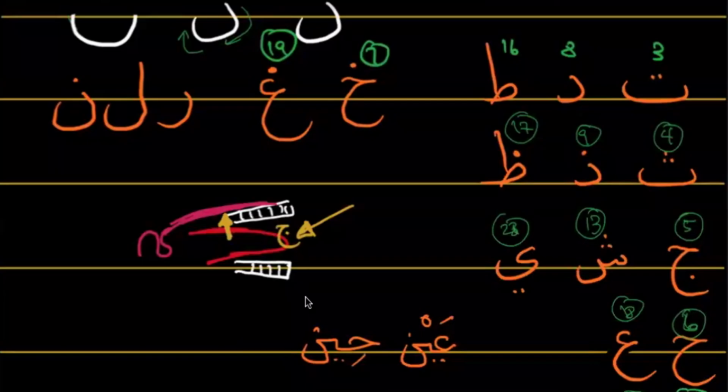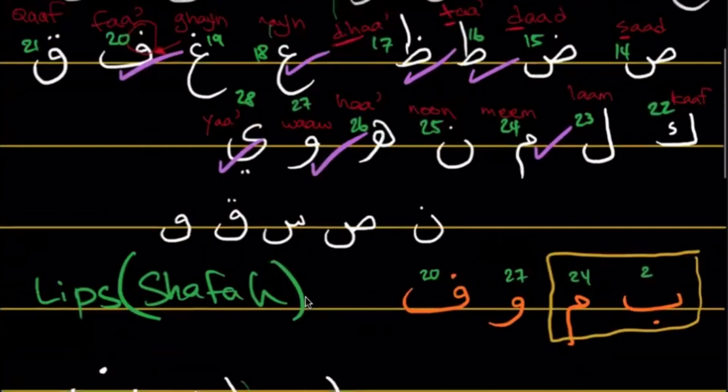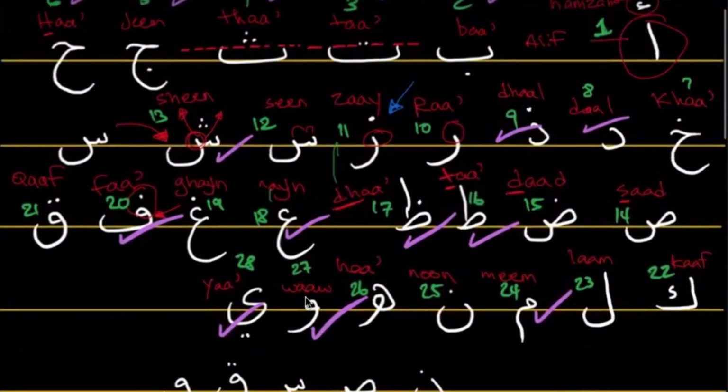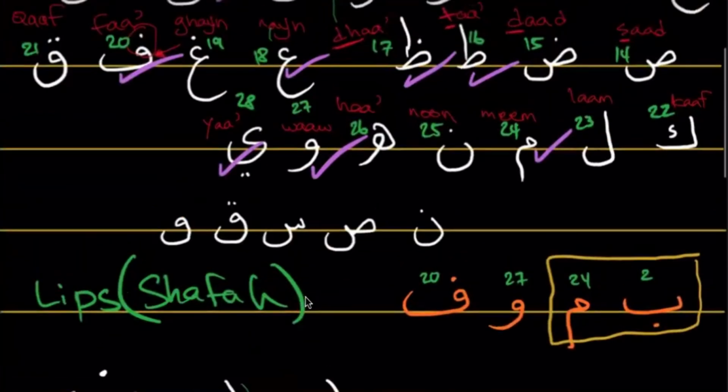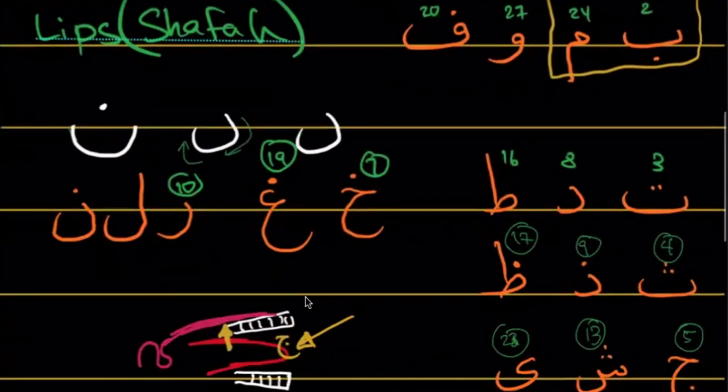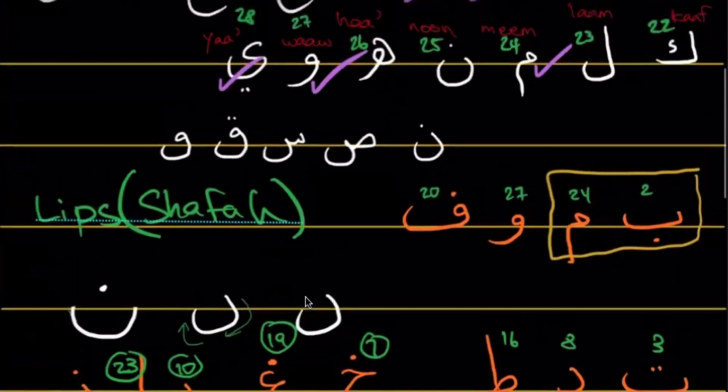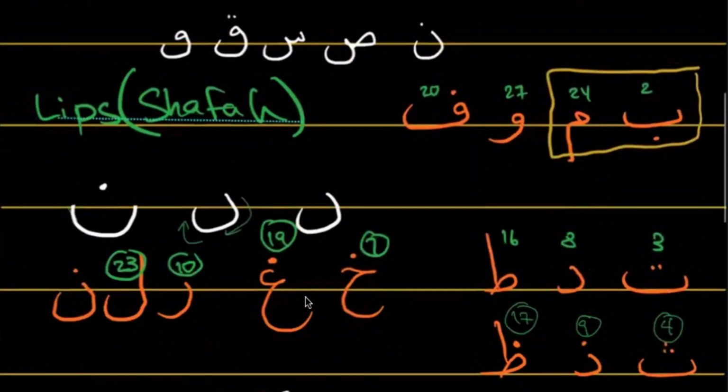And Noon is right at the same spot with those two. Lam, Ra, Noon. So Ra is letter 10 and Lam is letter 23 and Noon is letter 25. I hope all this is working out for you and it's not confusing.